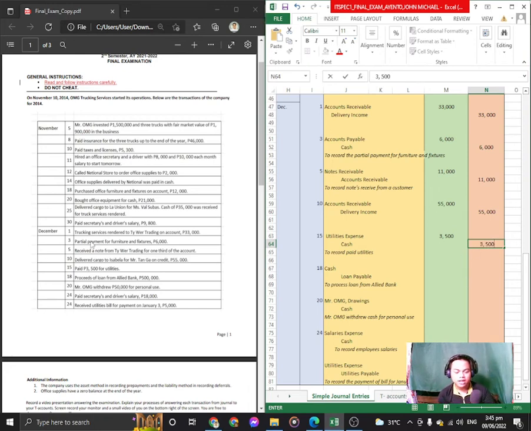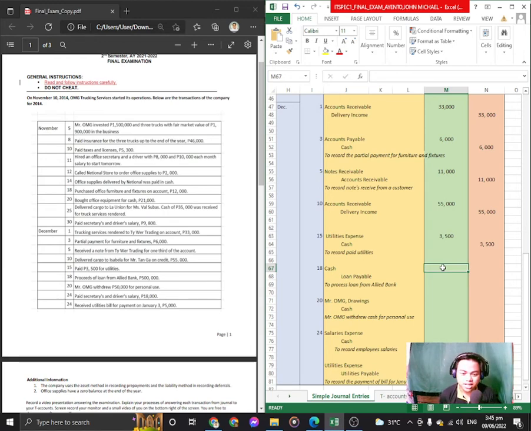Okay, we're down to December 18, proceeds of loan from Allied Bank in the amount of 500,000 pesos. Okay. So unsa man to iyahang gi-process or gi-proceed.